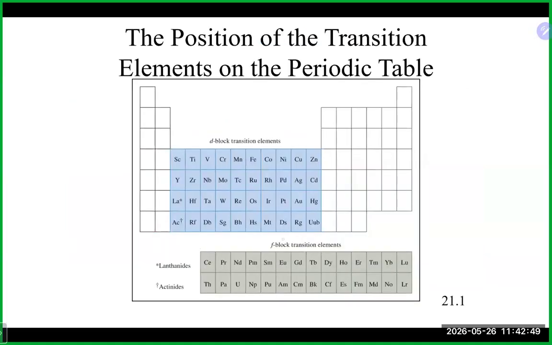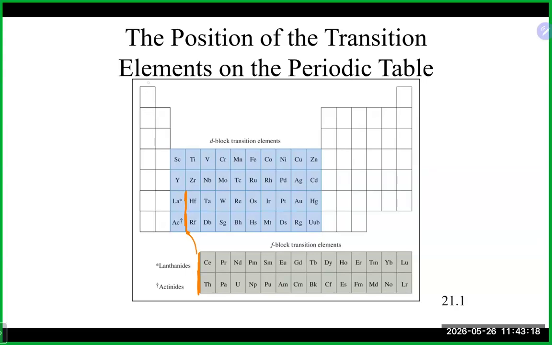When we look at our transition metals on the periodic table, we do see a couple of things. First off, these 2 rows on the bottom, as you may remember if you follow the atomic numbers, actually go right about there. And those 2 on the bottom are sometimes referred to as inner transition metals because of that. They also begin the D block, which are transition metals in terms of electron configuration.